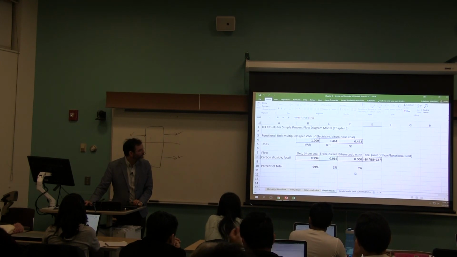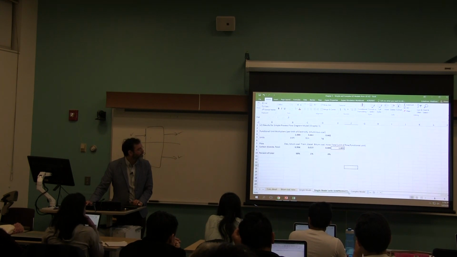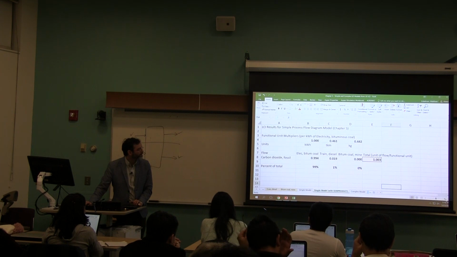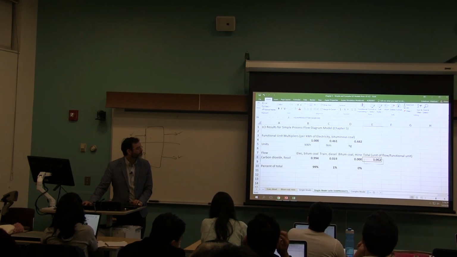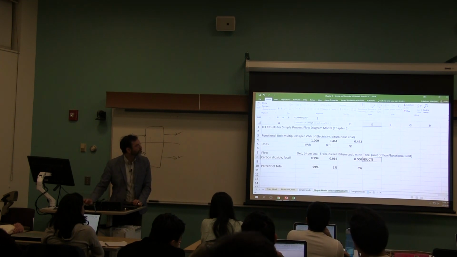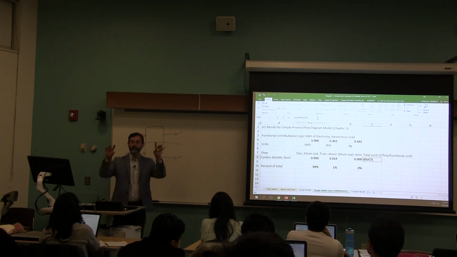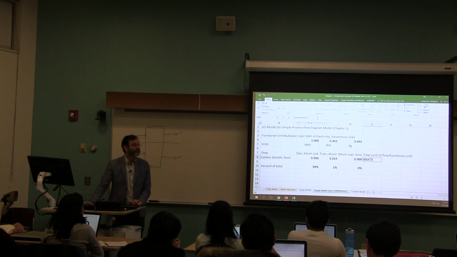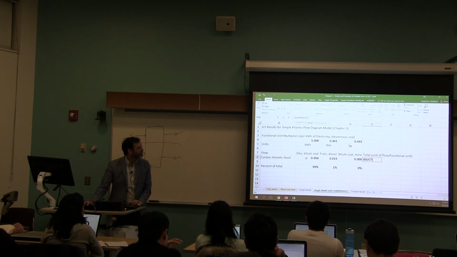There's an easier way to do that, and that's with an operation in Excel called SUMPRODUCT. If you've never seen this before, this is what it looks like. You just write equals SUMPRODUCT, and then you have 2 different number arrays that you want to multiply by each other. So you want to multiply this times this, and add it to this times this, and add it to this times this.